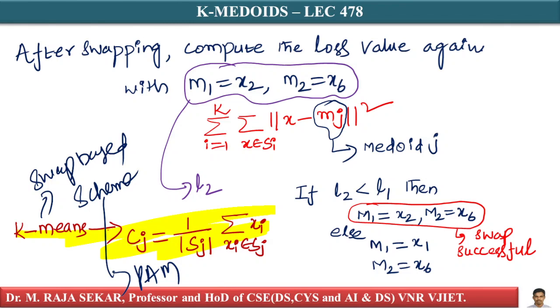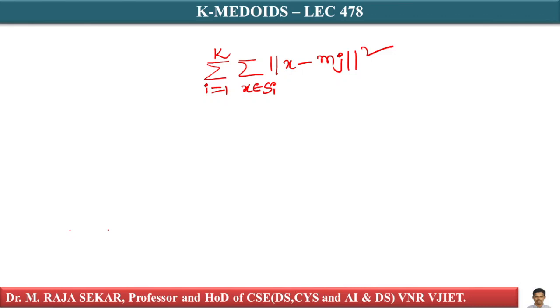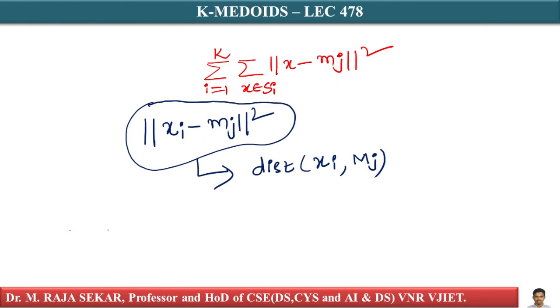Now one thing that you notice here is sigma i equal to 1 to k, sigma x belongs to Xi, norm of x minus mj whole square. What is mj? mj is the medoid. This particular term is the distance between xi comma mj.